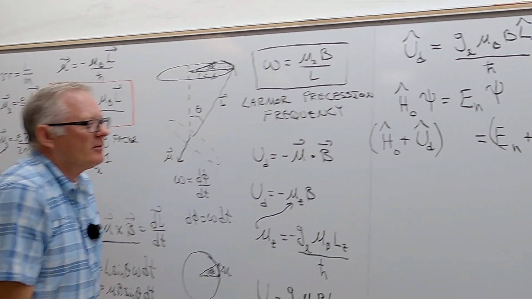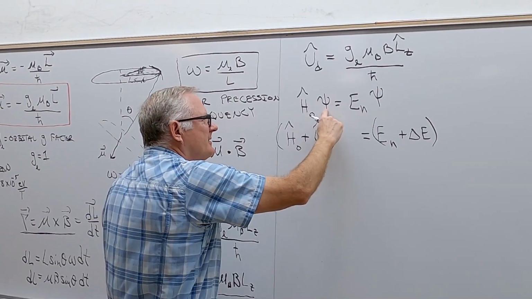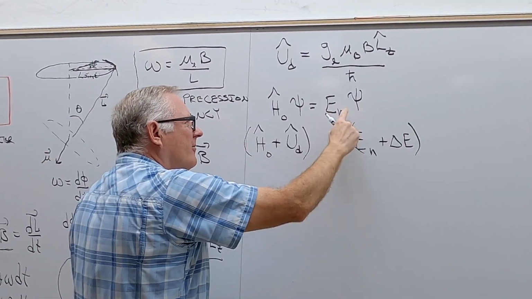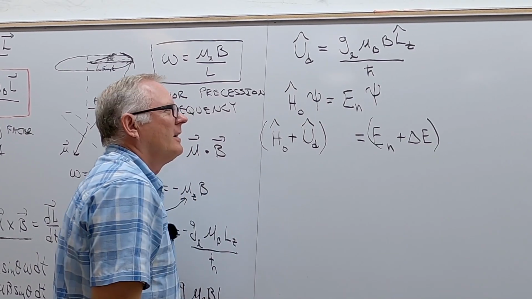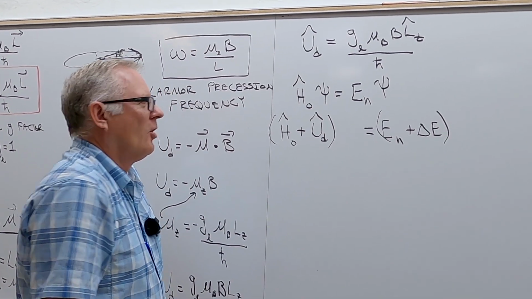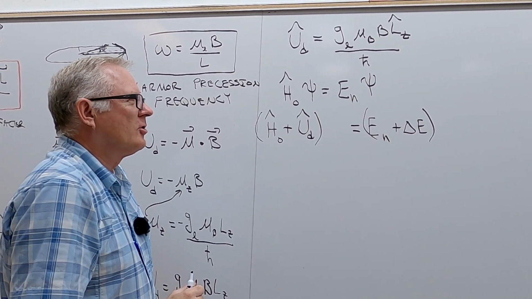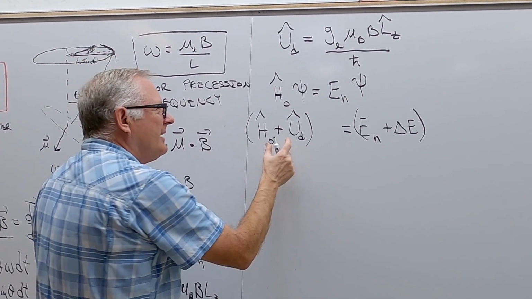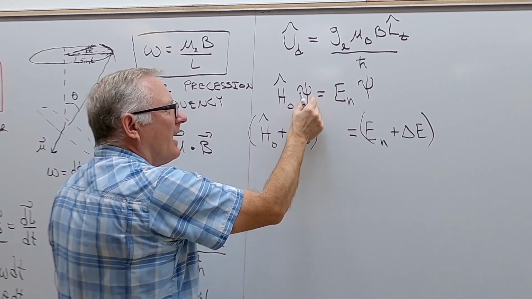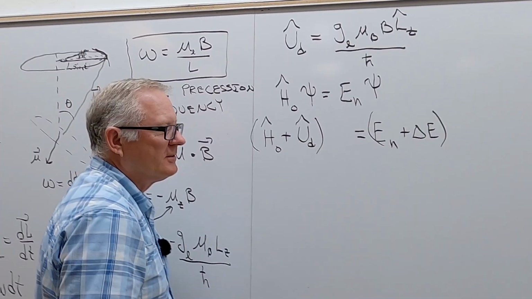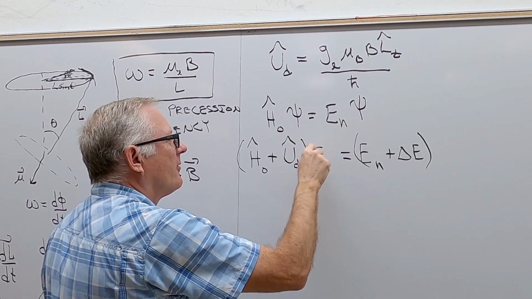But you'll notice this eigenfunction was solved for this operator. We've now changed the operator. So if I change the operator, this wave function is probably not going to work. I'm going to need a different wave function.